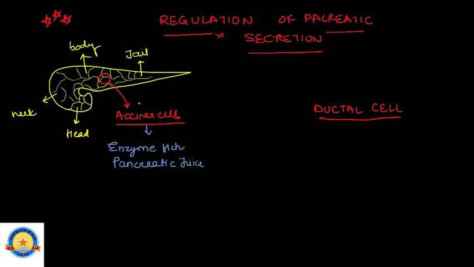So acinar cells are producing this, and ductal cells, what do they produce? Ductal cells produce watery, bicarbonate-rich pancreatic juice, huge amounts. It's just like our saliva.